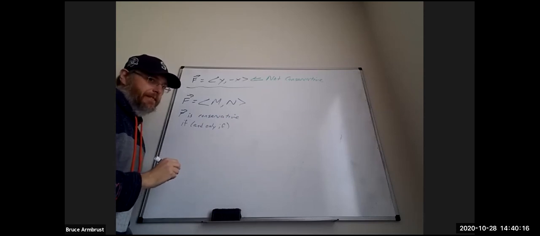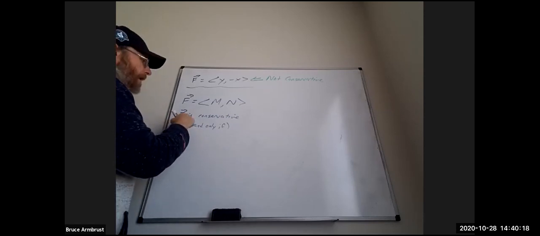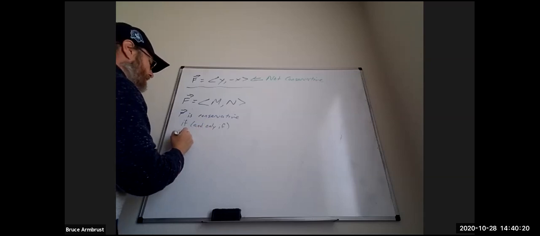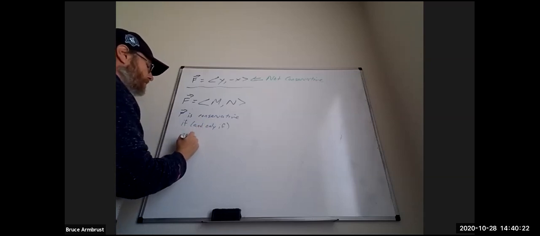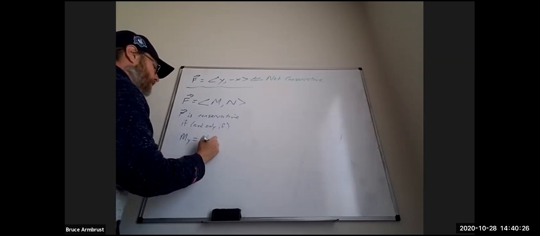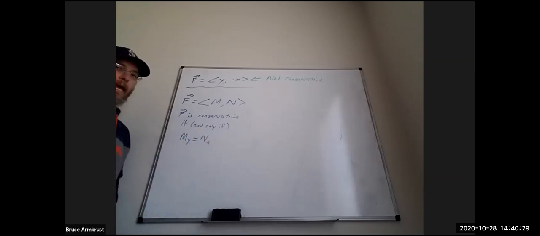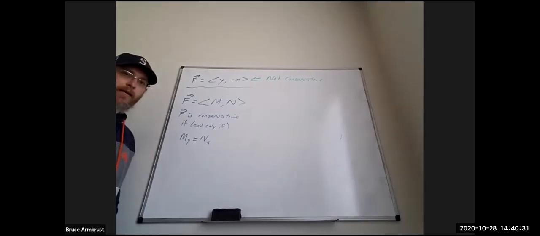I'll explain what that means in a second if you're not familiar with it. F is going to be conservative if and only if the partial of the first one with respect to y equals the partial of the second one with respect to x. So if M_y is equal to N_x.